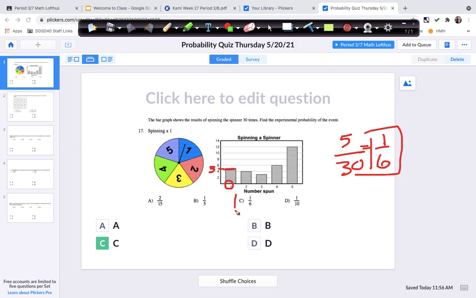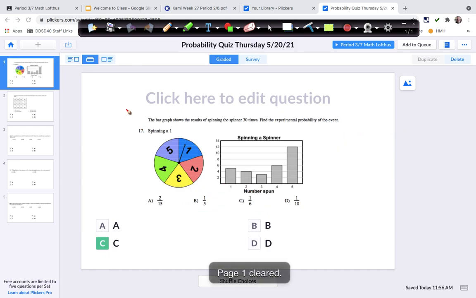So a 1/6 chance. That's why we got C. Many people chose on this the 1 out of 5 chance, because they read that 5 and then put it right into the fraction. Next question.